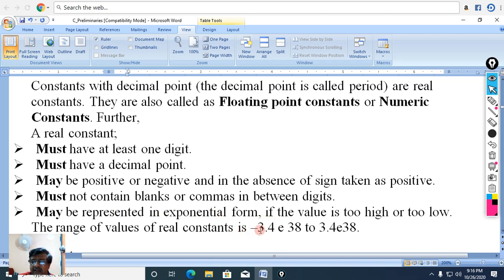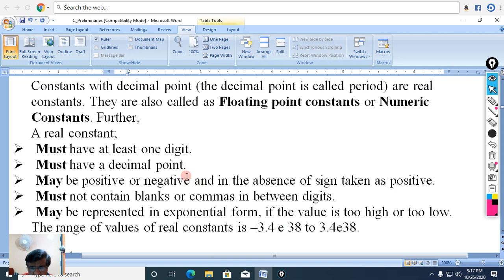For example, 3.4 E38 means minus 3.4 into 10 to the power of 38 to 3.4 into 10 to the power of plus 38. Too small a value and too high a value can be represented using scientific notation, and this facility is available only to real constants or floating constants.